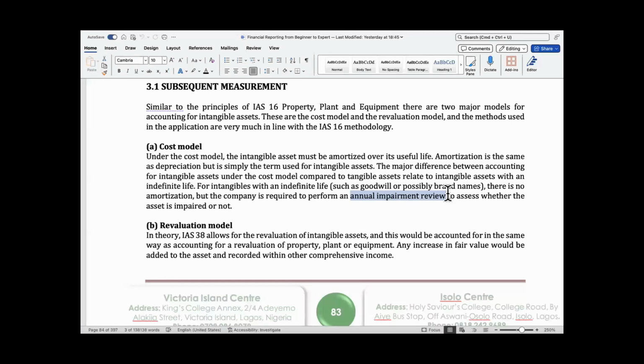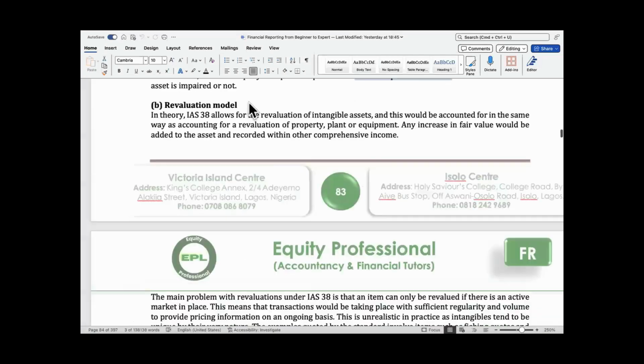Secondly, for revaluation model, what is peculiar to intangible assets is that most intangible assets are never measured at revaluation model. I'm being realistic now. Most of them will be measured using cost model.